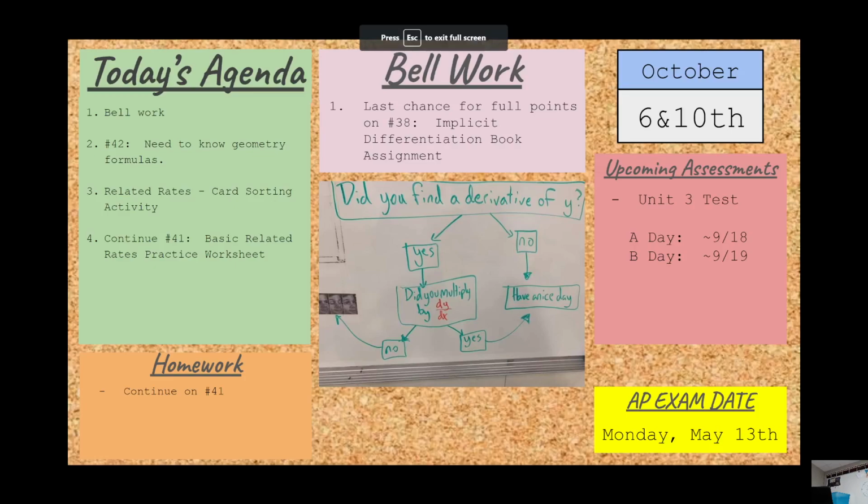So these could be like a related rate question. So you need to match up the green card with the geometry formula that would be needed to solve that related rate, which is a pink card. And then if you were to take the derivative of the pink card, what would its derivative be, which is the purple card? So you don't actually have to solve the question. You just need to try to pair up the question with the needed geometry formula with what its derivative would look like for the purple card.